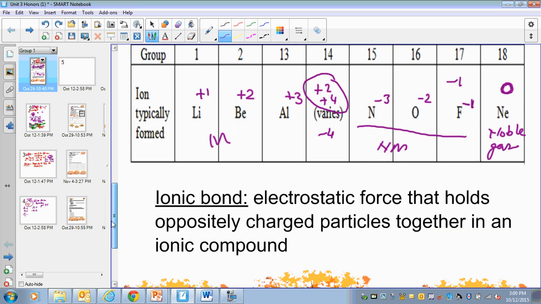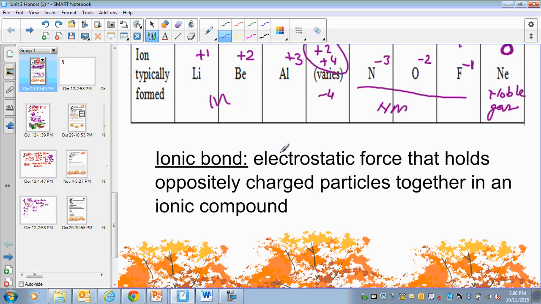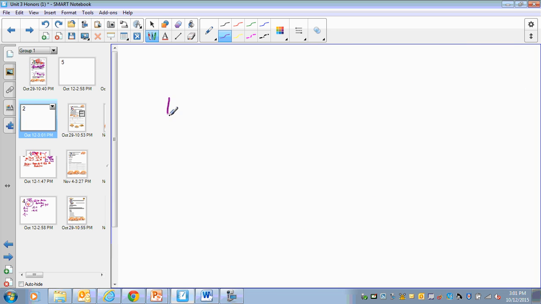Now, what is an ionic bond? An ionic bond is an electrostatic force that holds oppositely charged ions, or oppositely charged particles, together. So we have oppositely charged particles, sodium positive 1 and chlorine negative 1. The oppositely charged particles will attract each other and make a bond, held together by a force called an ionic bond.